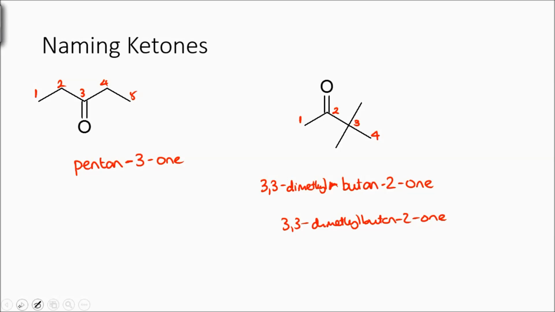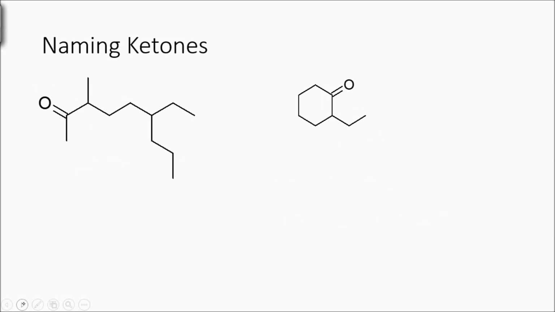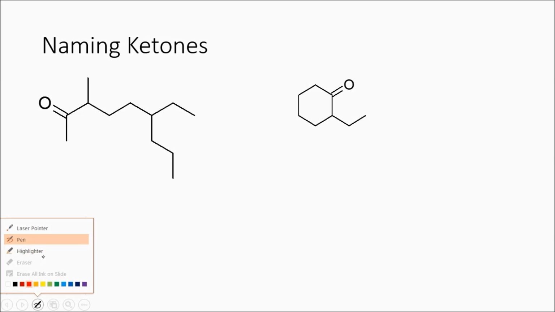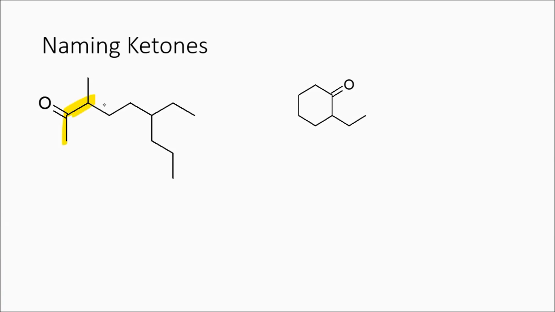Let's look at some more complicated examples now. Here, let's look at what our main chain would be, and we'll go for the longest one. So I'm going through, highlighting. I need to go down here, and now I'm going to start numbering from here because it's closer to the ketone. So 1, 2, 3, 4, 5, 6, 7, 8, 9.